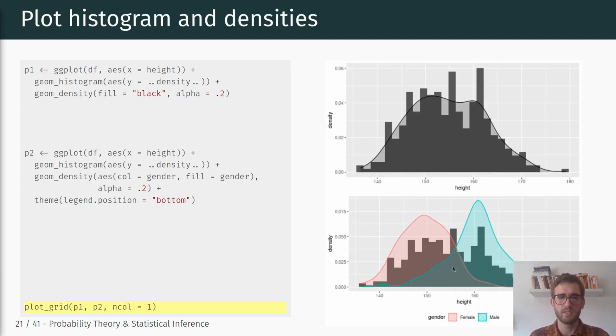Now in the bottom panel we look at the kernel densities for men and women separately, and we see two distributions with obviously different means, different expectations.